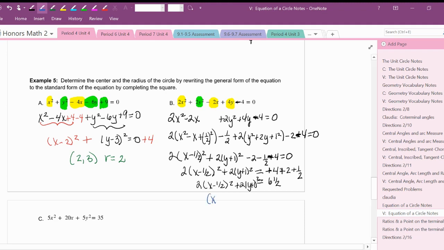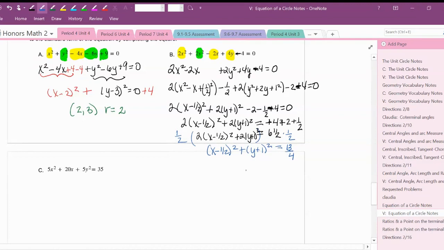So this would be x minus 1/2 squared plus y plus 1 squared equals 13 halves times another half, which would be 13/4. So our center here is 1/2, comma, -1, and my radius is square root 13 over 2.